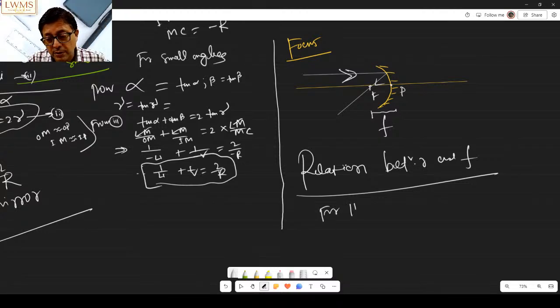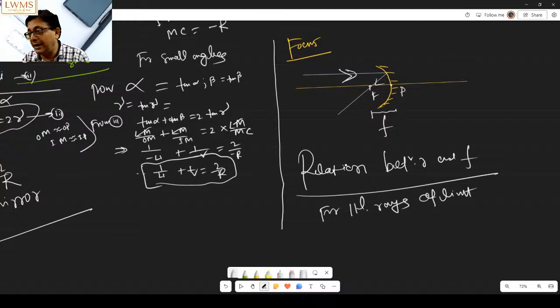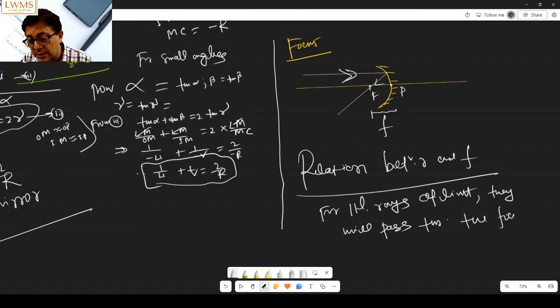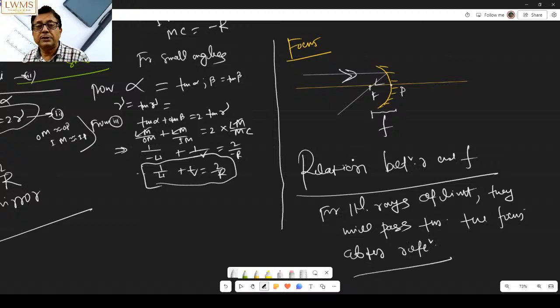So parallel rays of light will pass through the focus after reflection.